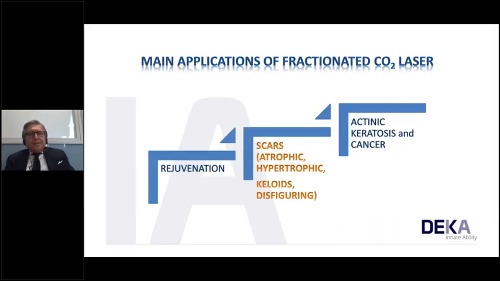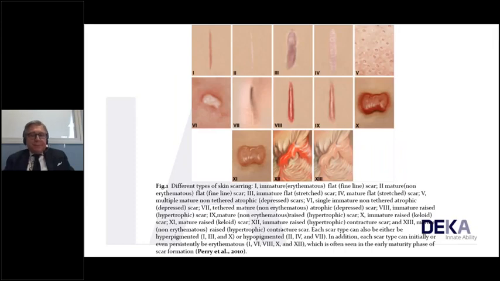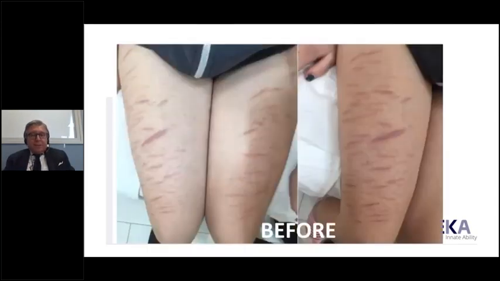Well, scars and keloids are a very important issue. We treat them very often by combining the fractional laser with other lasers, depending on the type of scars we have to treat. This is one of the cases where we are really proud to have treated this patient.